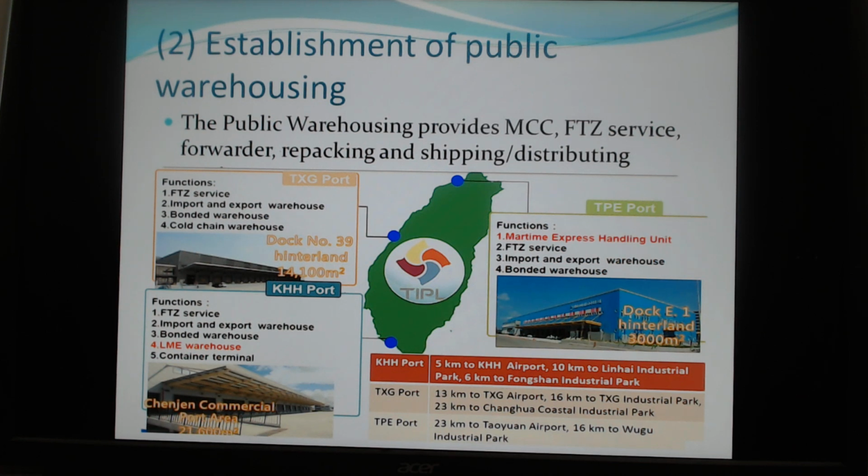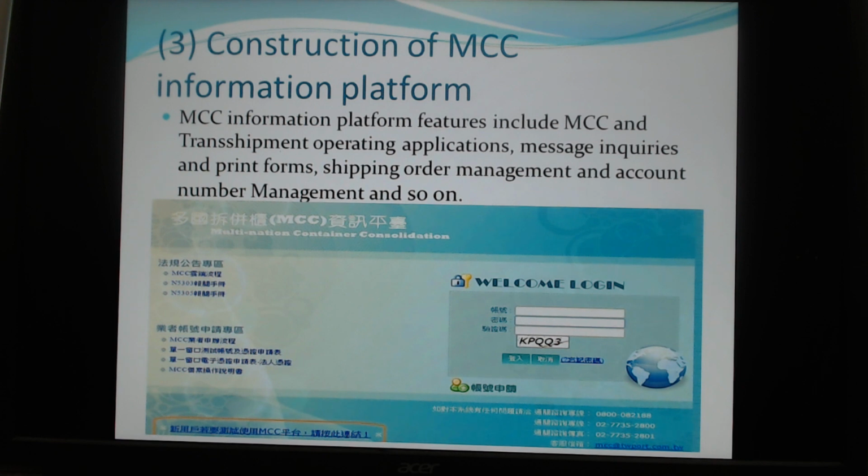Okay, establish some public warehouses, because if you can offer public warehouses, that means cheaper. So freight forwarders don't need to set up their own warehouse. They just lease the warehouse for handling their MCC cargo. Okay, construct an MCC information platform. The government sets up an MCC platform.